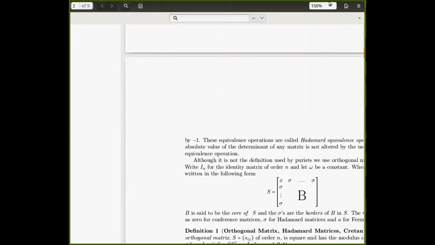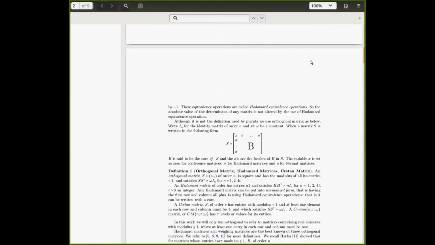It has a core, which we call B, and it has another element up here, which is X. And we don't know what that is at the moment. Now, we only refer to Cretan matrices, and we're going to show how we can make them. If we can move that down, can I move that up? Yeah.